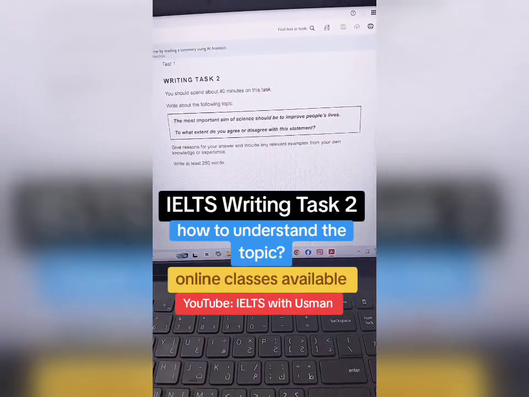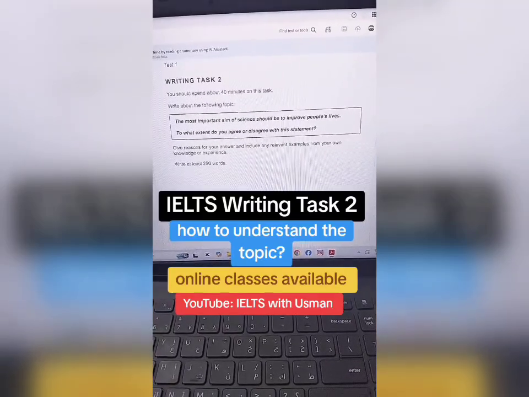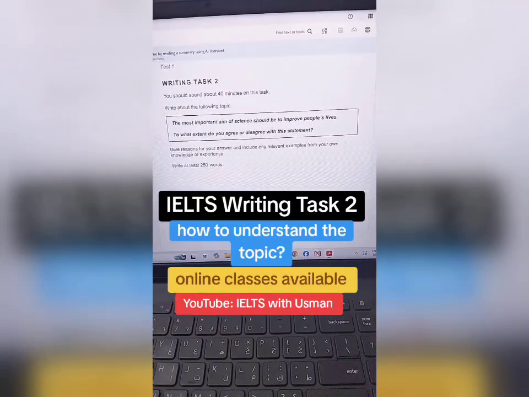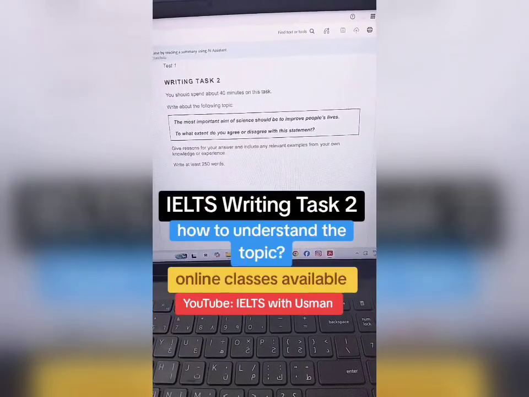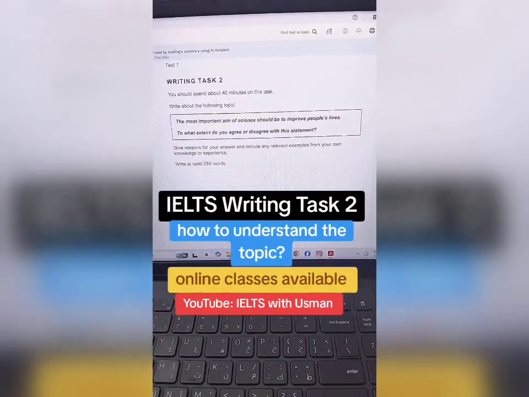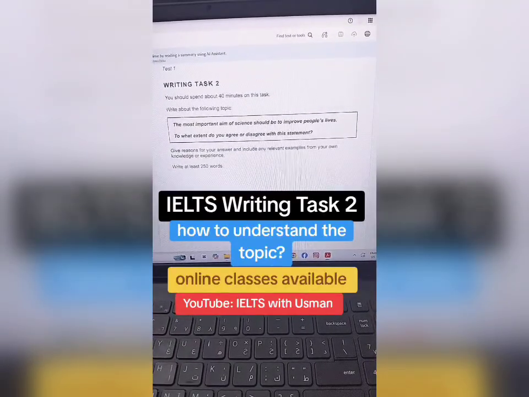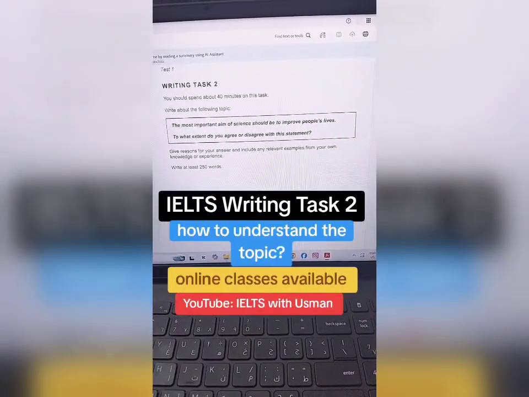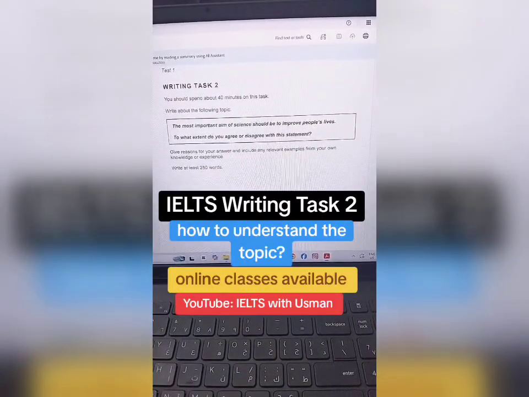You can agree, you can disagree, or you can partially agree or partially disagree. So you can go any way which you think is best for you. For example, it depends on the topic. Topic is about science and the importance of science for improving people's lives.